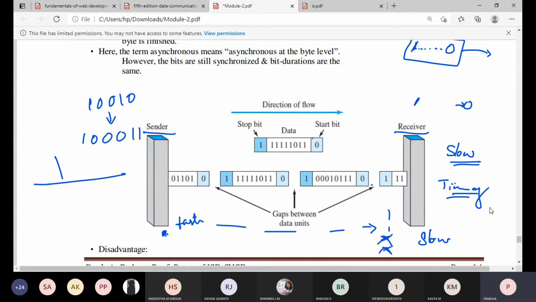Why? Because the clock interval used by the receiver and the sender may not be the same. This may be the clock interval for the sender, and if the receiver is faster, the interval may be for this duration. So there are a lot of issues with respect to synchronization.